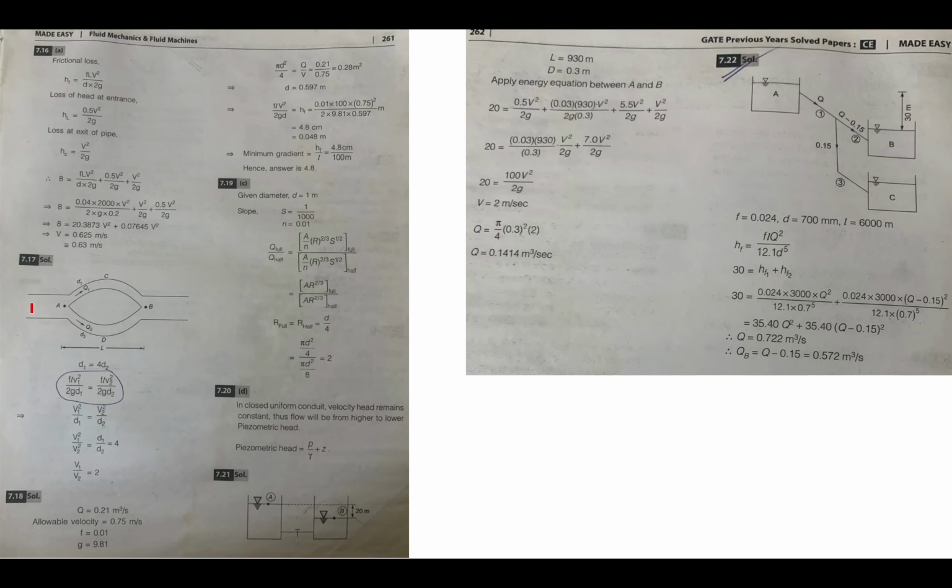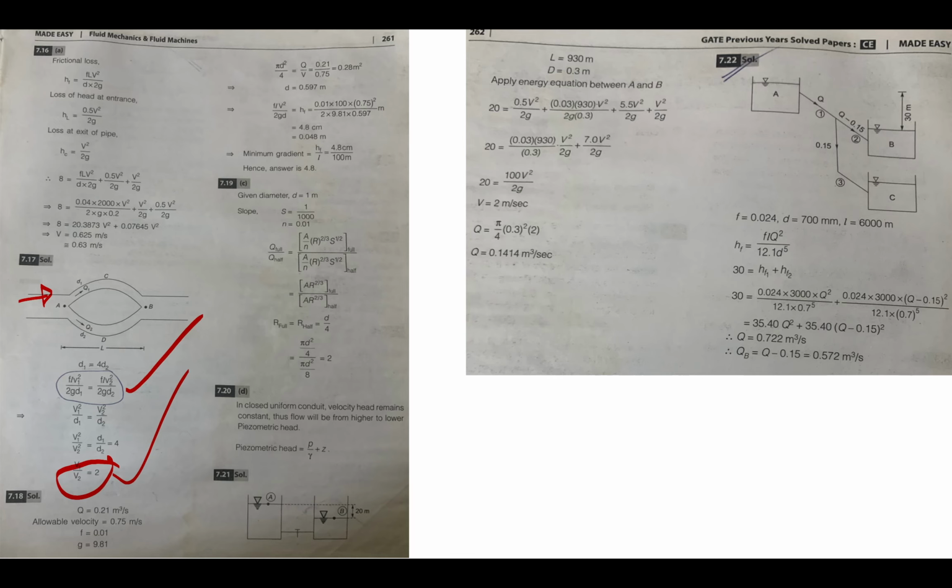Here it is a very important thing: water is flowing in parallel in this direction. Then what will happen here? Your losses will be equal at the same places. So the ratio of V1 and V2 will be 2.